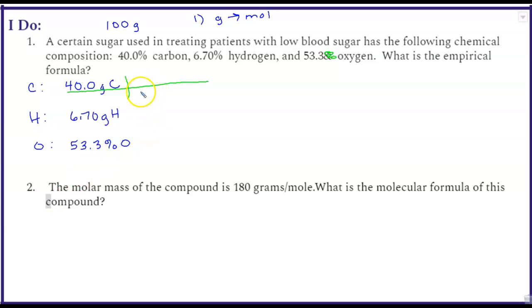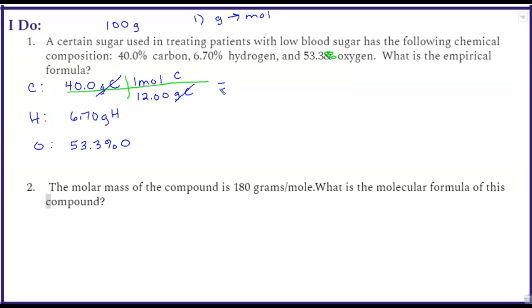So again, we have 1 mole of carbon is 12.00 grams of carbon. Again, my grams are going to cancel. And so when I multiply across, I have 40 divided by 12. You guys can go ahead and do that and get your calculations done.